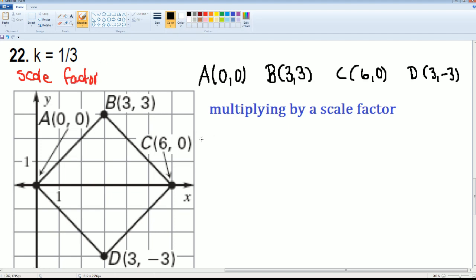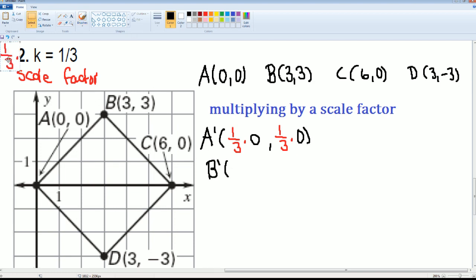Okay. So A prime is going to be the scale factor, which is 1/3, multiplied to the 0. Next, the 1/3 is going to multiply to the 0. B, it's going to be the 1/3 multiplied to the 3, and the 1/3 is going to multiply to the 3 in the y.